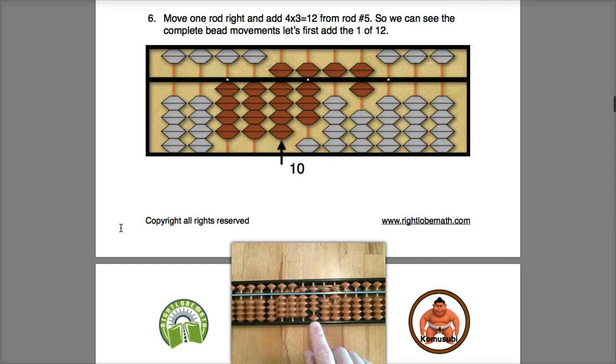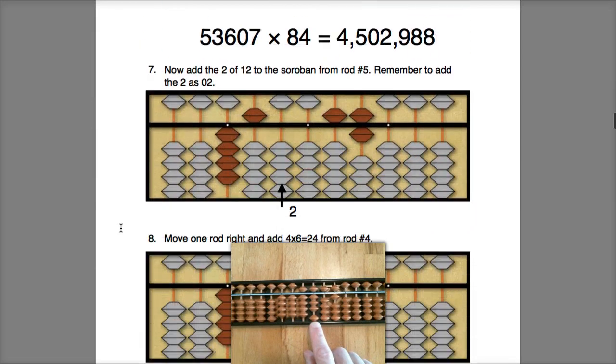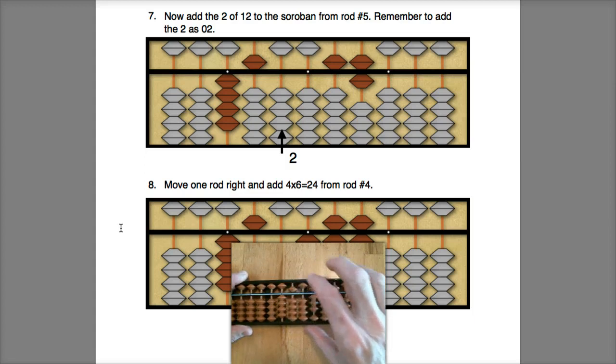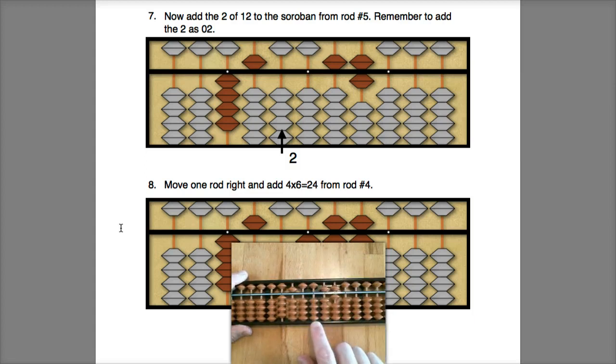Okay, well, we can see that to enter the 2, we're going to need to go way over here, add 1, and clear it like that. So we had to reach over 2 rods to add the 1 to implement our 10 pair there.